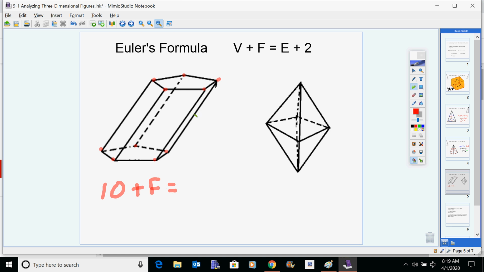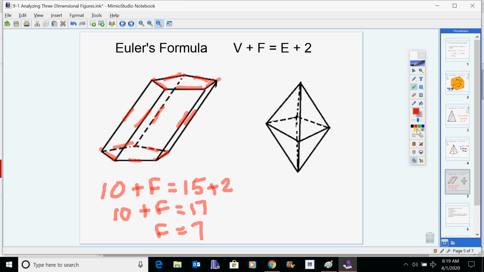So I've got 1, 2, 3, 4, 5, 6, 7, 8, 9, 10, 11, 12, 13, 14, 15, plus 2. So 10 plus the number of faces equals 17. So the number of faces is going to have to equal 7.